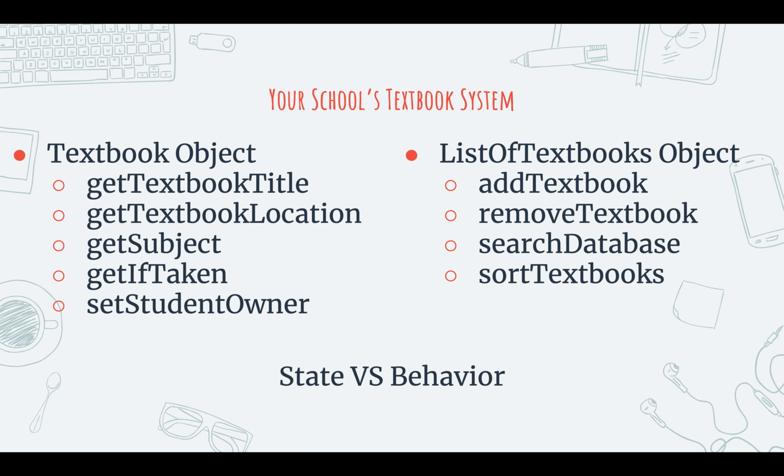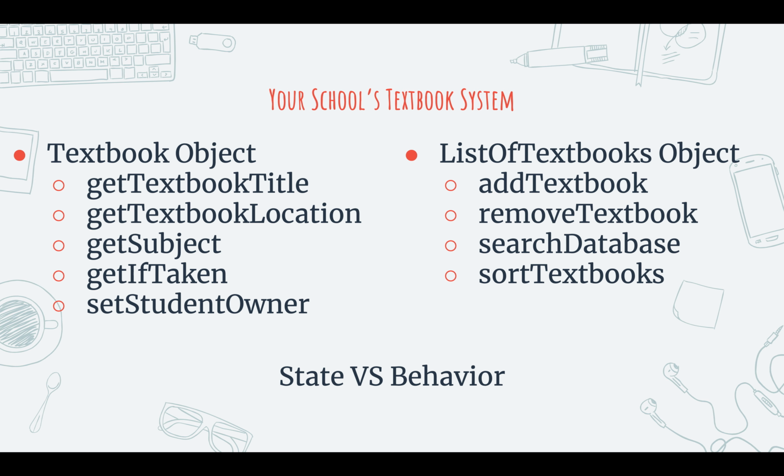Now, we can also create a list of textbook objects, and that allows us to store a bunch of textbooks in one object. So we're going to create this one class, or rather one object, and that's going to encompass all the textbooks that we have, and that ultimately allows us to create our textbook system. So the textbook object itself is just the characteristics and operations for one textbook.